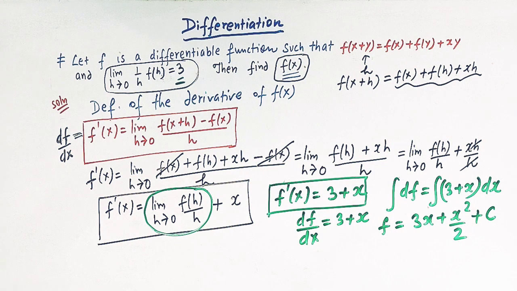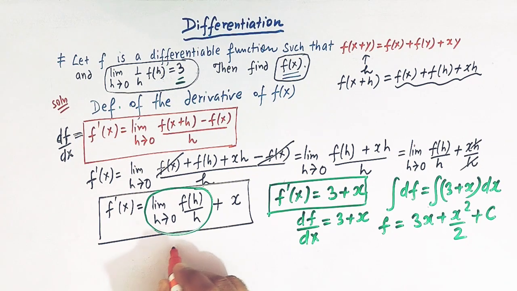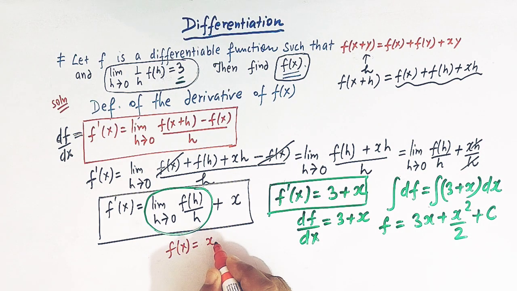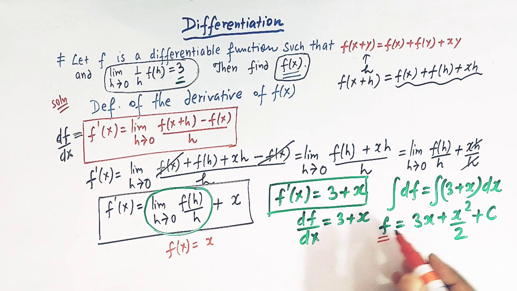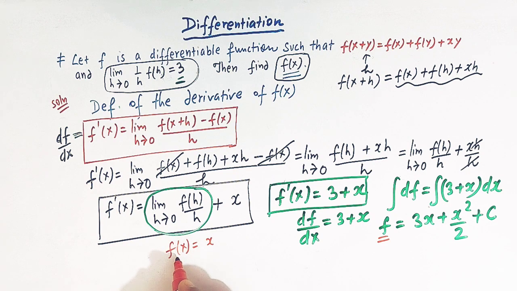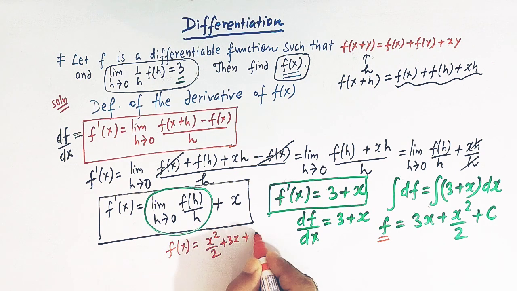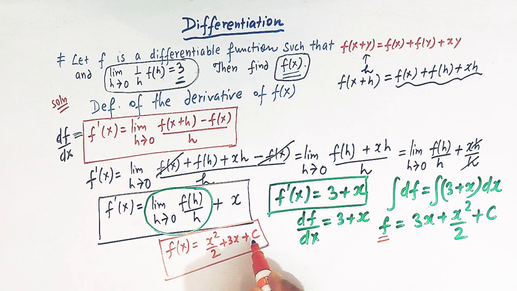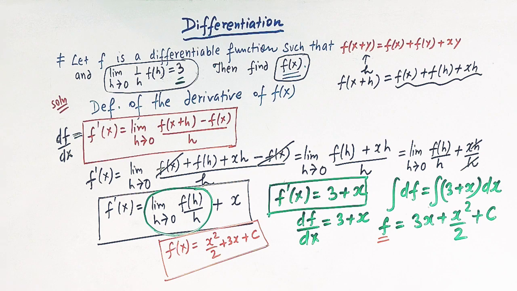So the form of the function f of x is quadratic. f of x is x square over 2 plus 3x plus c. Now our aim is to find the value of this constant of integration c.